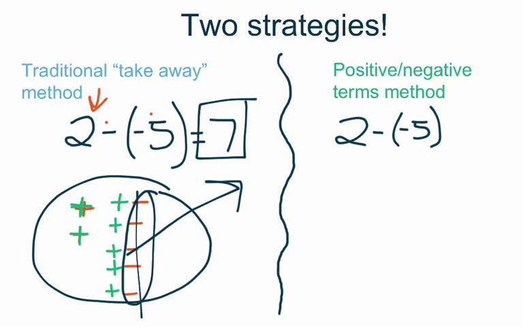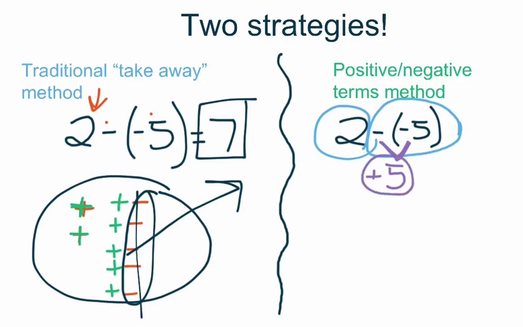Let's look at this with our positive negative terms. All right, so my first term is positive 2, and my second term, I take all those symbols, guys, is negative negative 5. And this is the one that we reviewed briefly. What does negative negative 5 mean, or what does it equal? Oh, that's the opposite of negative 5, which is a positive 5, okay?